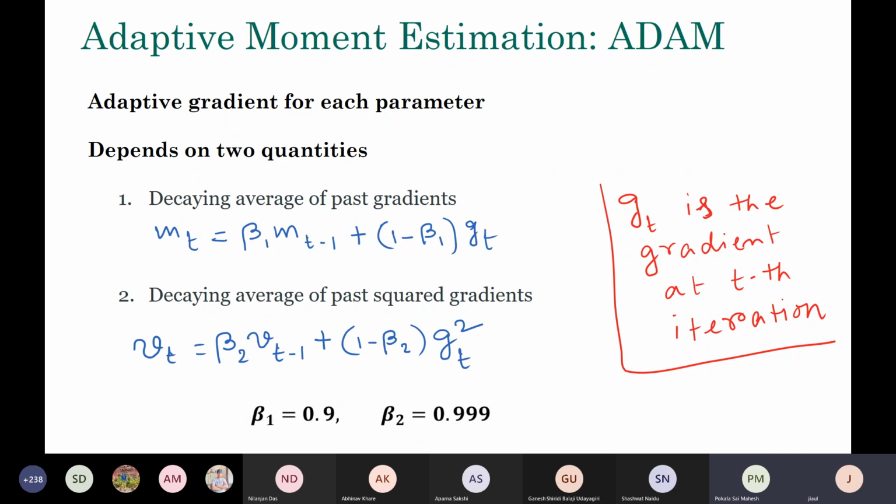So just think in terms of this. M T is a weighted combination of M T minus 1, which is the weighted combination of gradients before the Tth iteration, and the current gradient. Now, which one is getting more weightage in this case, M T minus 1 or G T?